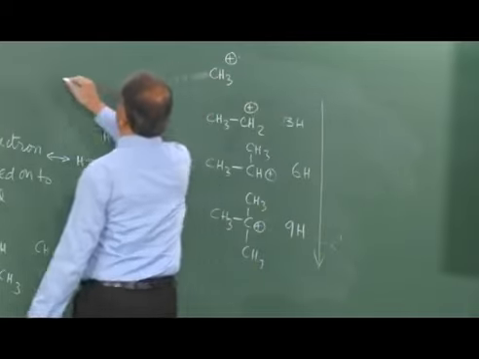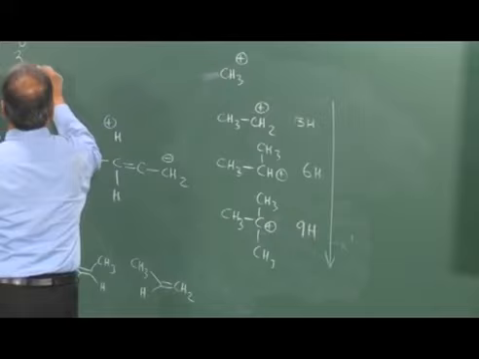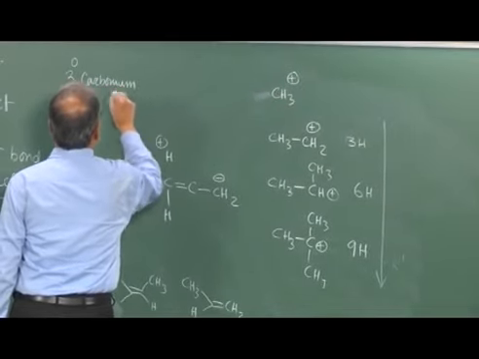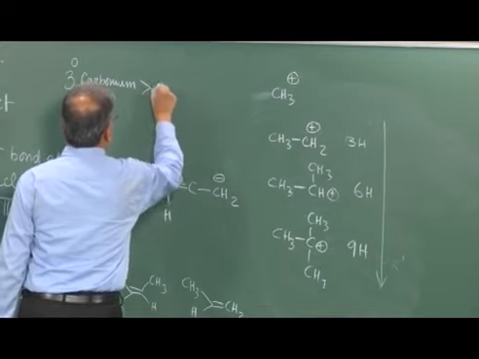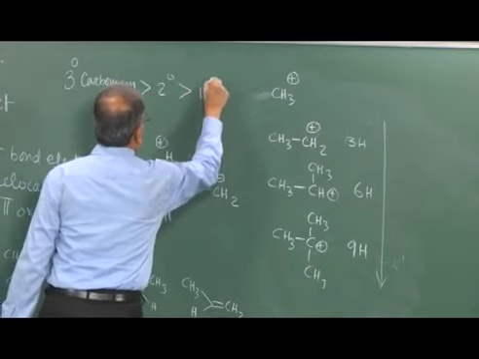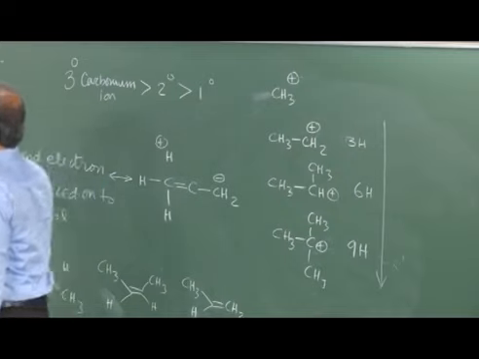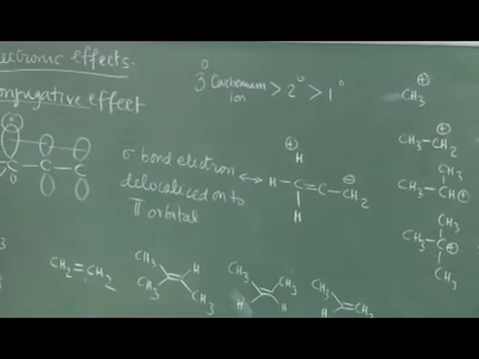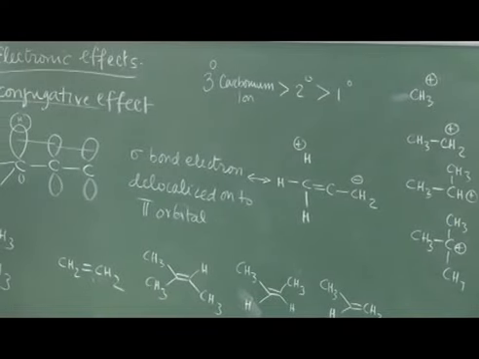The tertiary carbonium ion is more stable than the secondary, which is more stable than the primary, essentially because of the hyperconjugation effect, the delocalization of a CH sigma bond onto the empty p orbital of the carbonium ion.